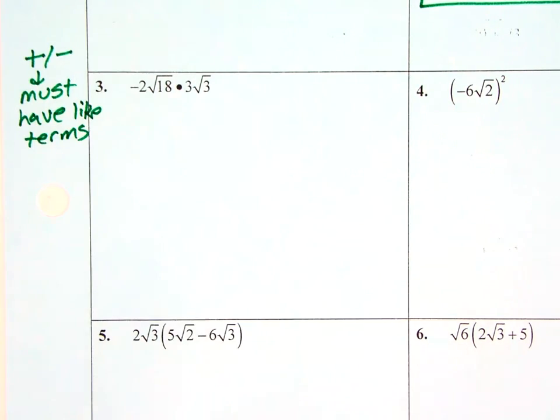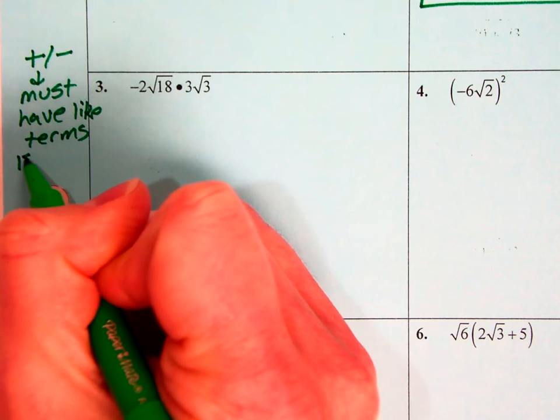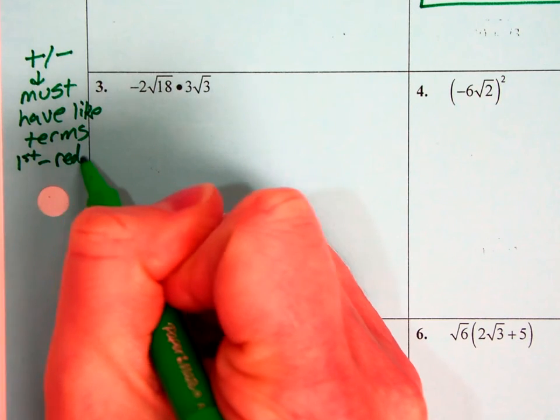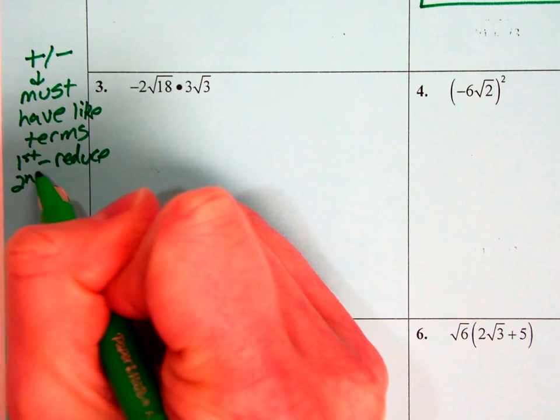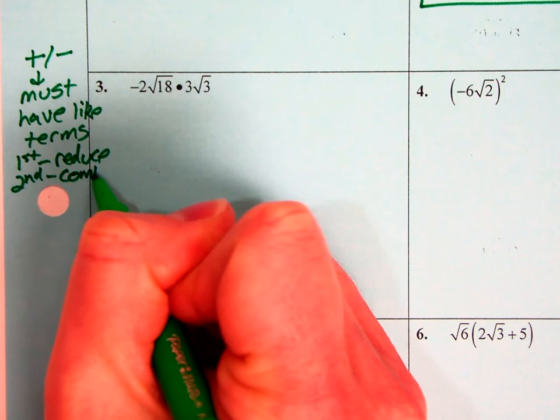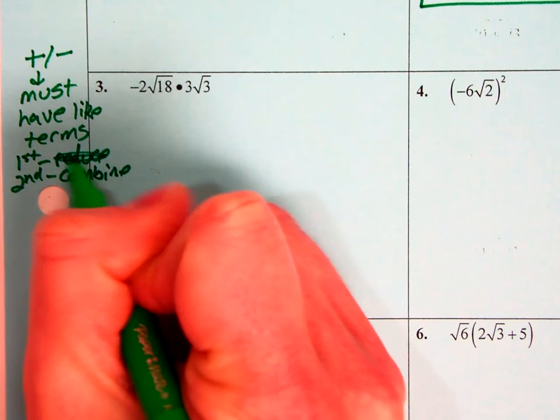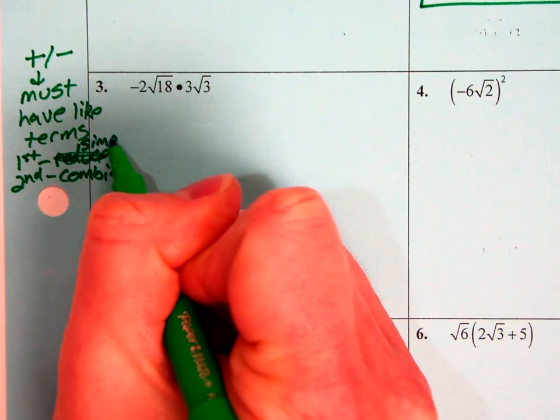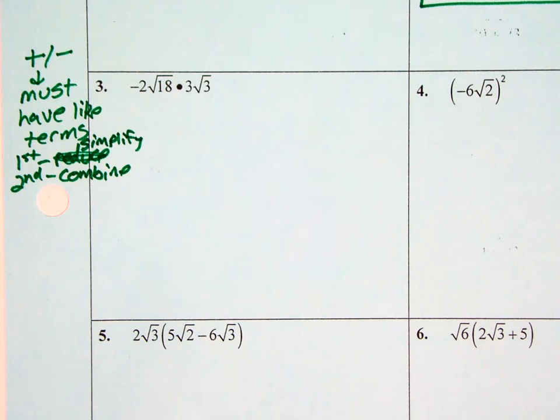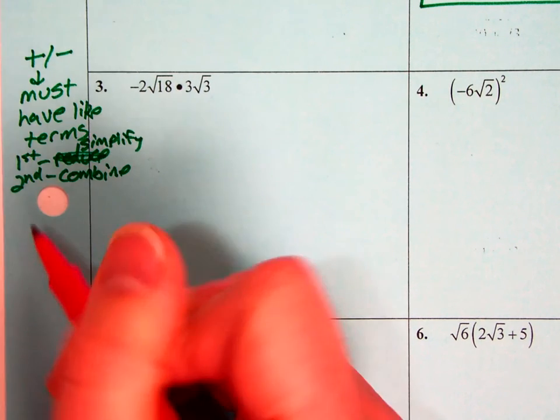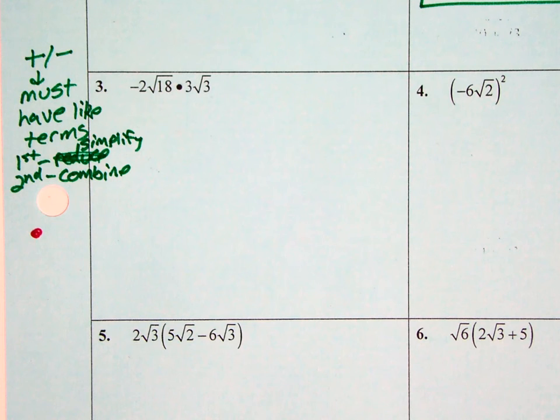And since we must have like terms, that means our first step is to simplify, and then our second step is to combine them together. But multiplication works completely differently.